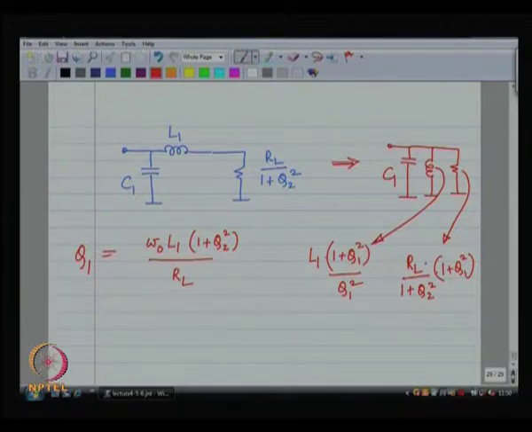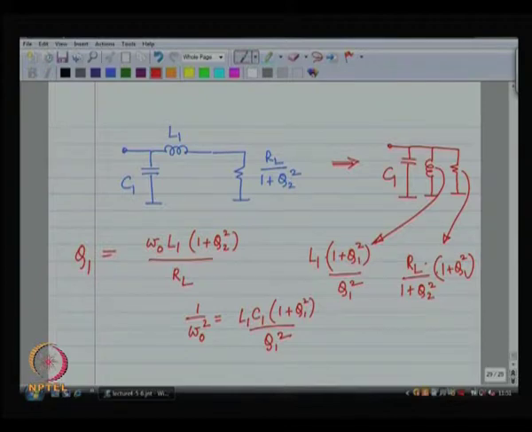and next step we have to make sure that the new inductor cancels out with the capacitor C1. So, we have to make sure that omega 0 squared is equal to L1 C1 times (1 plus Q1 squared) by Q1 squared. Okay. So, once we make sure of this, L1 the inductor and the capacitor resonate out when they are in shunt.